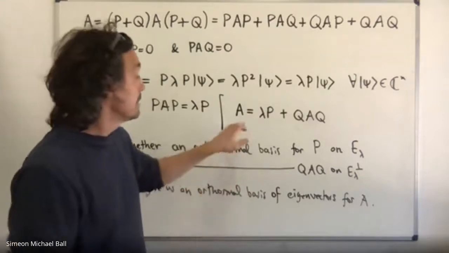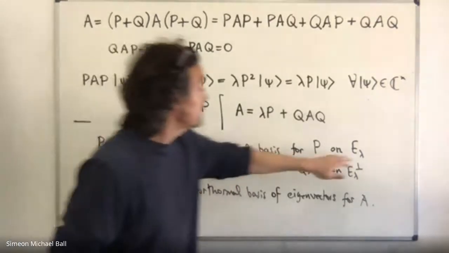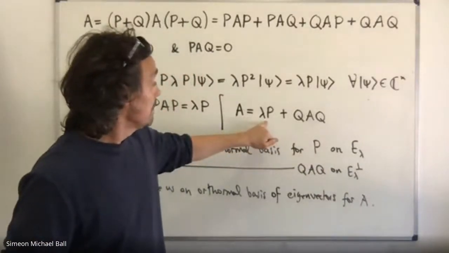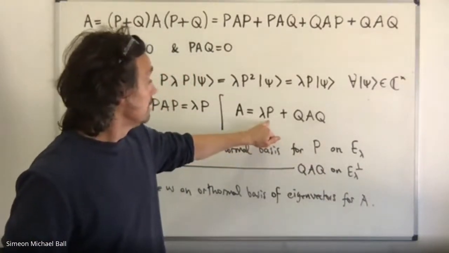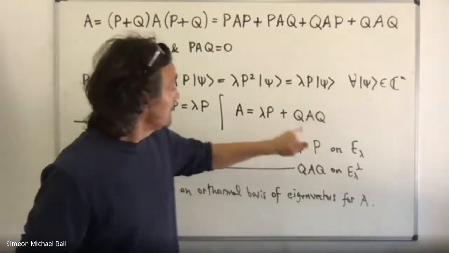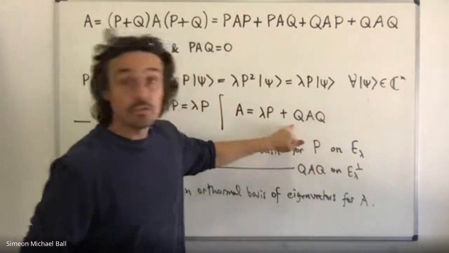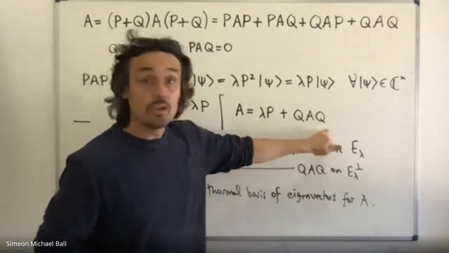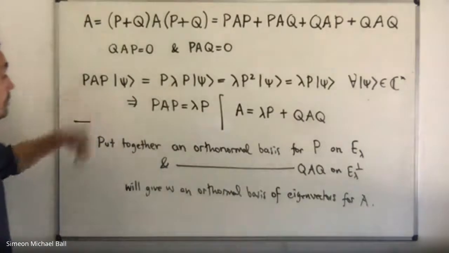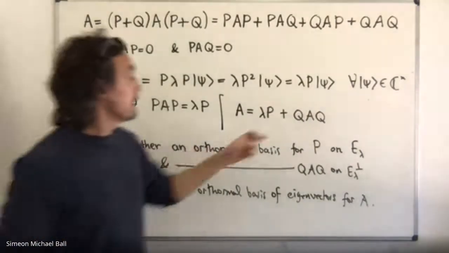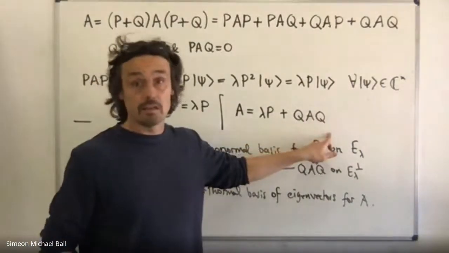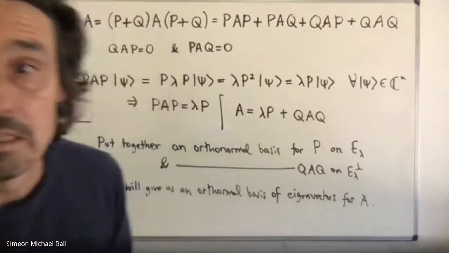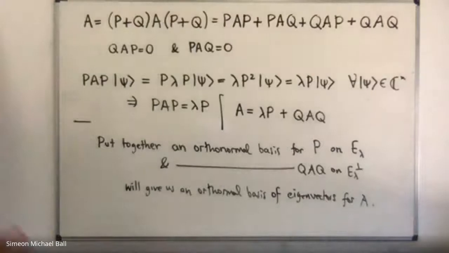So now we look at E lambda, and A is simply lambda P, where P is the identity on this space, and then on the orthogonal complement of that subspace, A is just QAQ. QAQ we proved is normal, so therefore by induction, this diagonalizes there. Put the two things together and we managed to find an orthonormal basis of eigenvectors for A.